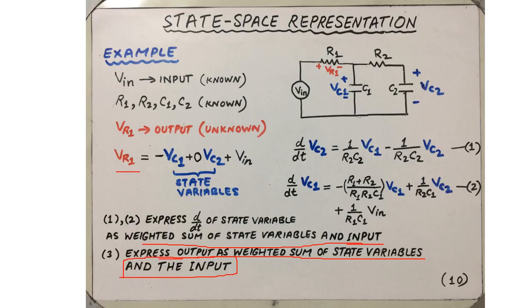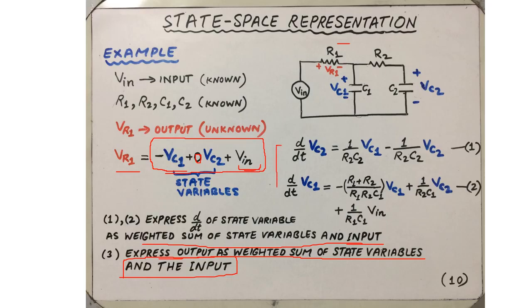We wish to obtain the voltage across resistance R1. That can be represented as Vin minus Vc1. So if you write this down as a formal weighted sum, then the weight of the state variable Vc1 is -1. Vc2 is not in the equation, but we can say that the weight of Vc2 is 0 and the weight of Vin is 1.